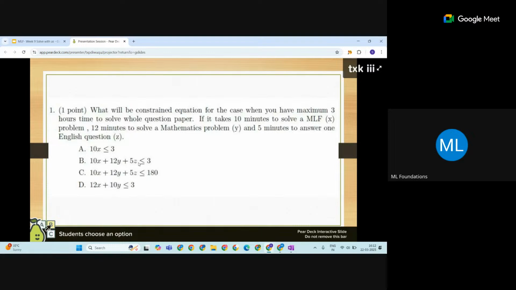The constraint equation we want is for the case when you have a maximum of 3 hours to solve the whole question paper. If it takes 10 minutes to solve an MLF problem, 12 minutes to solve a mathematics problem, and 5 minutes to answer English, what is going to be the constraint?